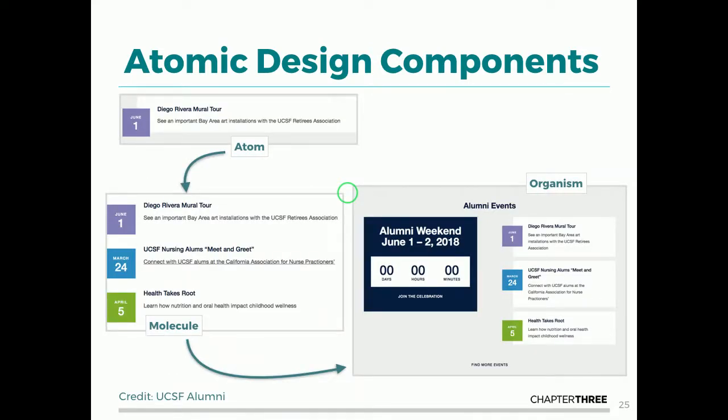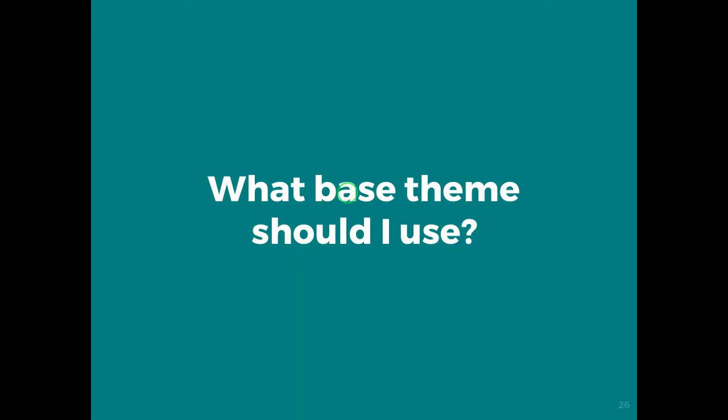This is an example from a site I worked on, UCSF's alumni site. You can see an atom is incorporated in a molecule, which is then incorporated in an organism, and then there's also a template that can have everything, etc. There are a lot of what I call contrib pattern library projects out there, and sometimes I get some version of the question, which one of them should I use?